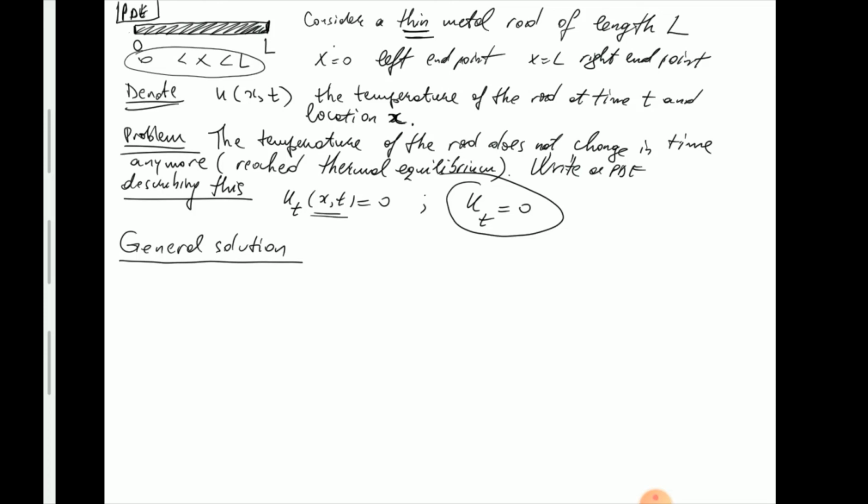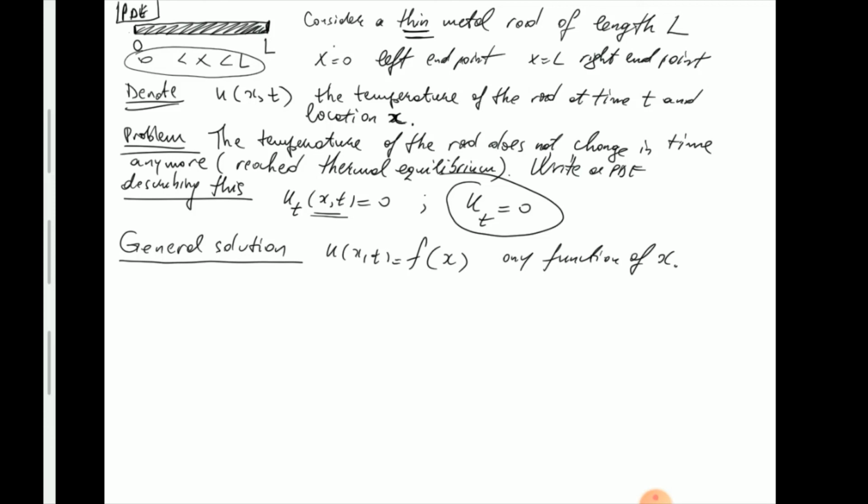So as it turns out, the general solution is really any function of x. Because if you think about it, there's no reason to restrict our function here to just a constant, right? I mean, forget about the physics a little bit.